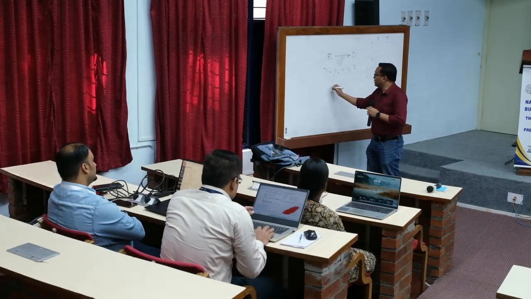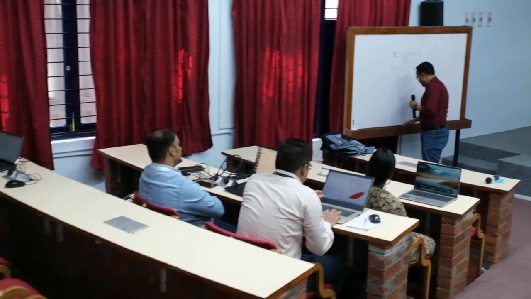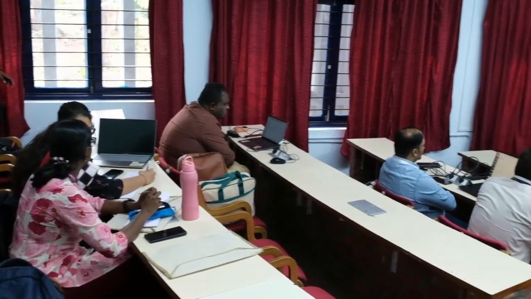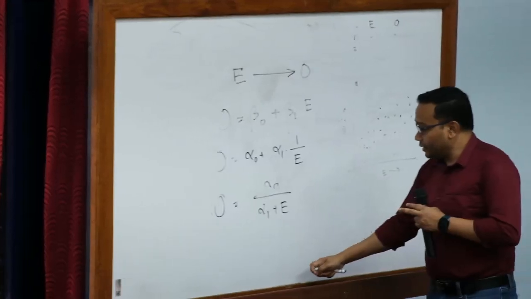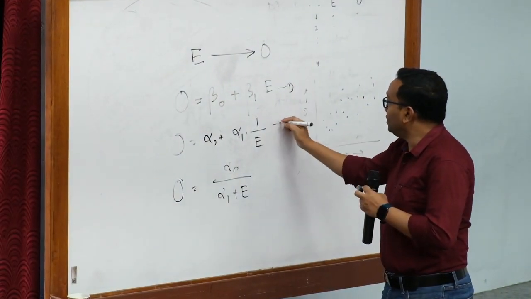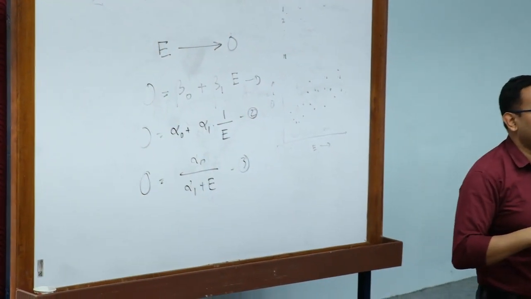If I write this, let's take another equation, and let's take another equation. If these are equations 1, 2 and 3, what is a linear regression, what is not linear?